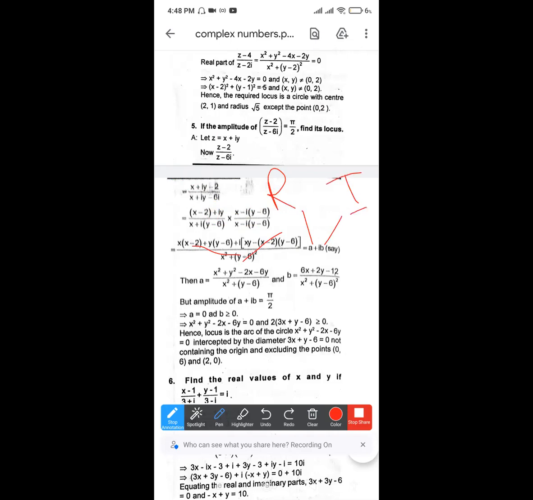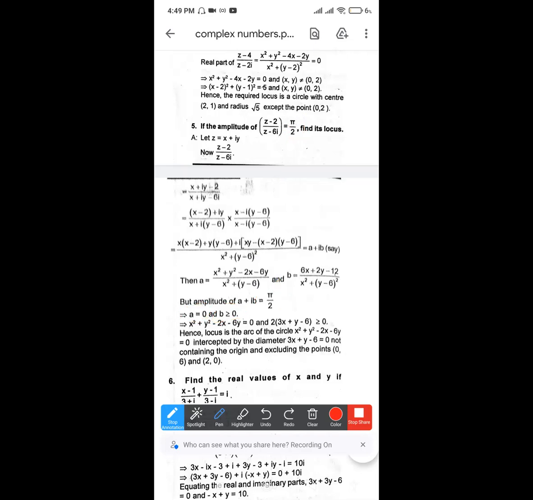This is your real part and this is your imaginary part. The amplitude pi by 2 is given to you. If the amplitude of this is pi by 2, then the real part A will be equal to 0 and B will be more than or equal to 0.